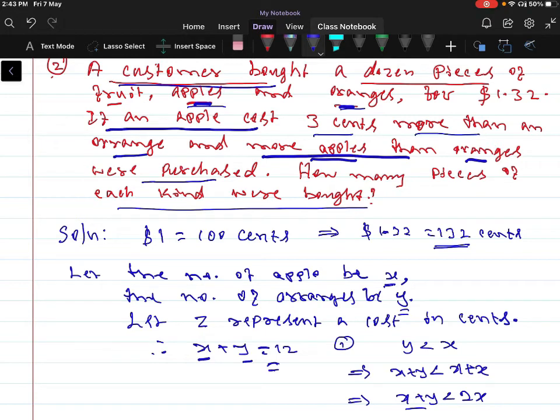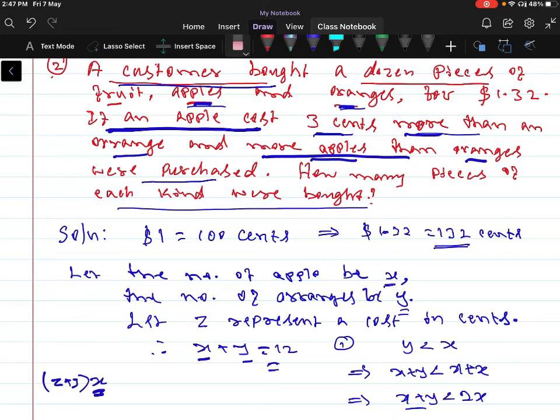If an apple costs 3 cents more than an orange, so let us take x as apples. So the cost of an apple is 3 cents more than the orange value. Here z represents the cost. So z plus 3 is the cost of an apple.